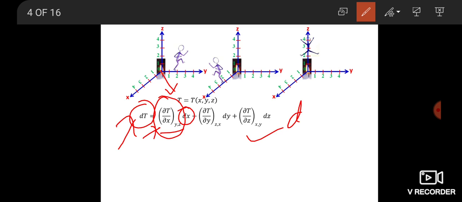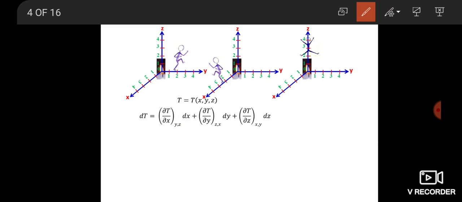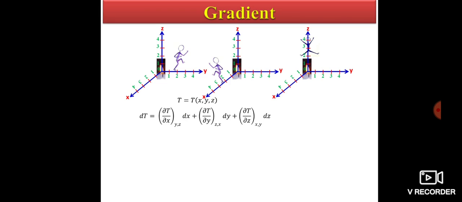That is, we want to know dT max, and we want to find out the direction along which this dT will be maximum. But still dT is a scalar quantity, right? Because dT is nothing but the change in temperature. So how to generate the directional sense to find the direction of maximum change?